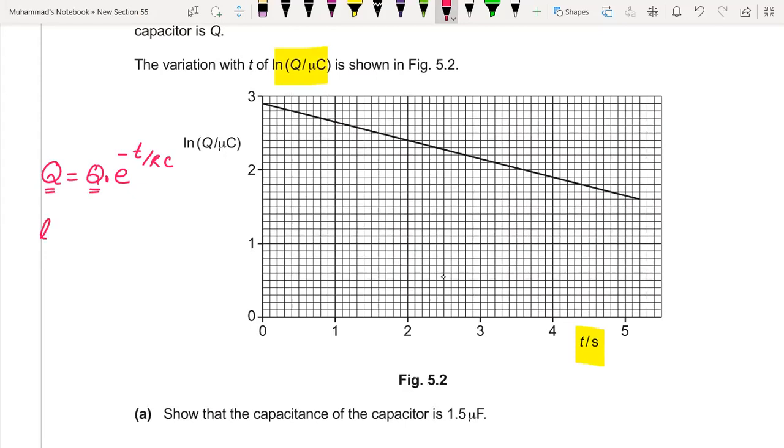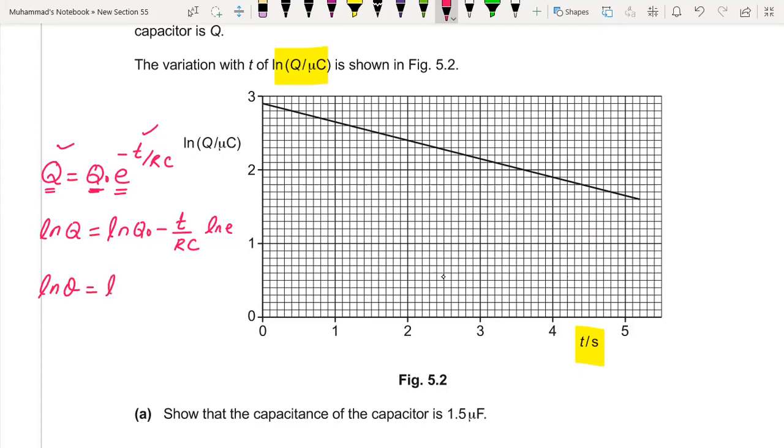If you take log, you know that Q versus T is not a straight line. So when you take log, you will get log of Q naught, and these are multiplied. So using the property of log, minus T over RC, ln e is 1. So I've used product rule of log.